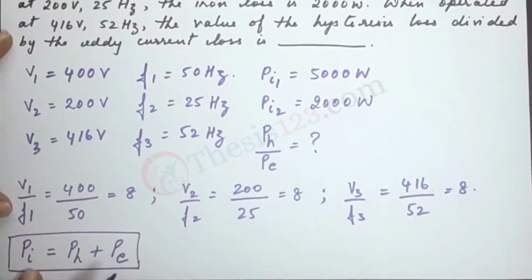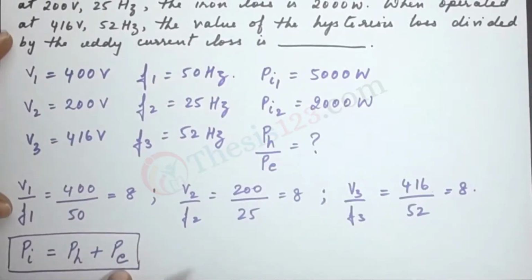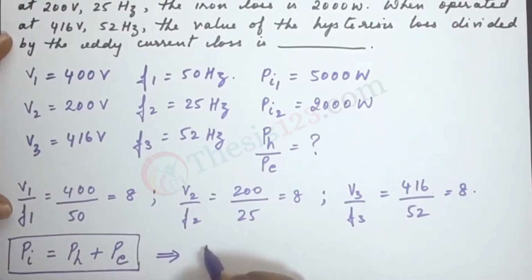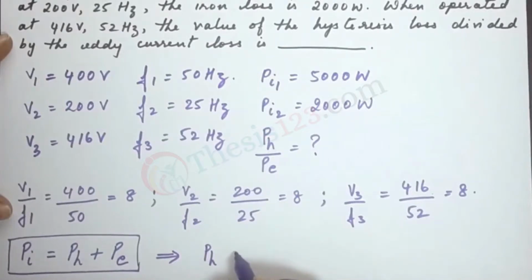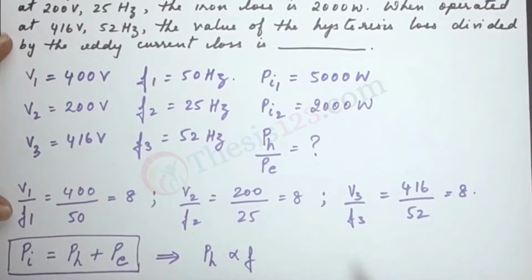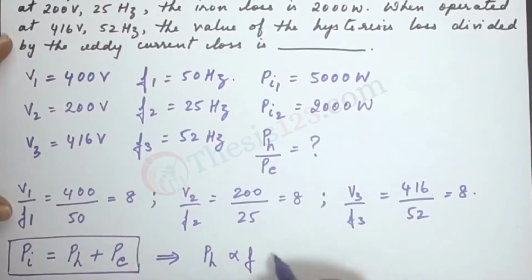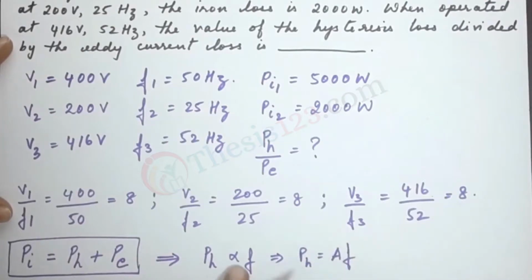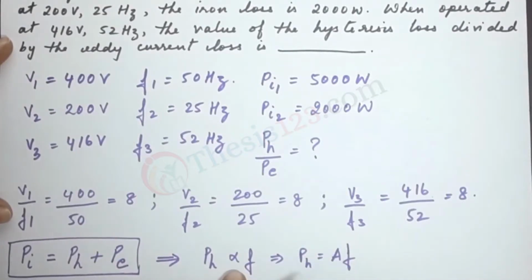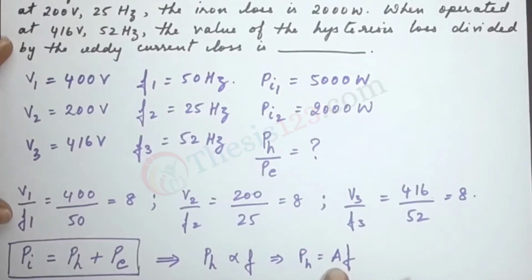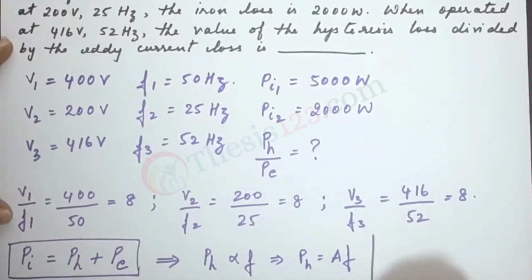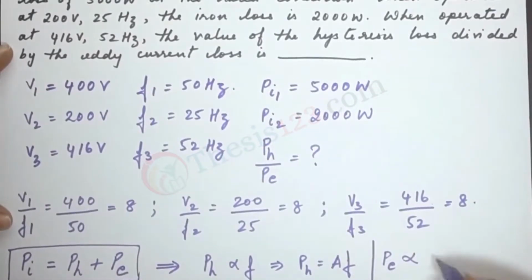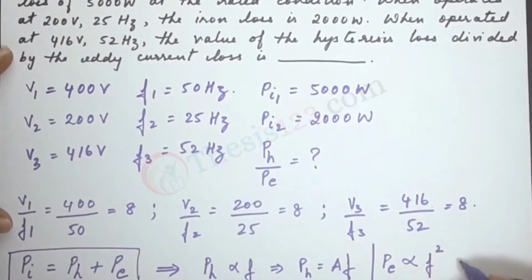In general, iron loss is the sum of hysteresis loss and eddy current loss. Other relations are, the hysteresis loss is directly proportional to frequency. So we can write this as PH is equal to A into F. We can remove the proportionality symbol and write it as a constant A. Similarly, the eddy current loss is directly proportional to the square of the frequency.